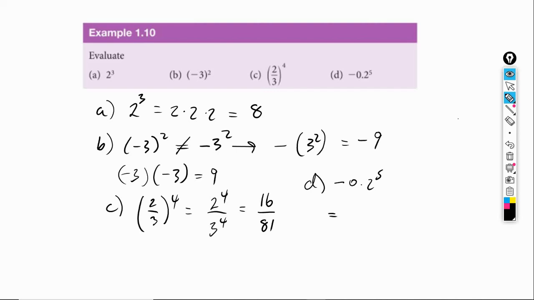This is simply going to be minus 0.2 times 0.2 times 0.2 times 0.2, that's 1, 2, 3, 4, one more times 0.2. And this is going to equal negative 0.00032.